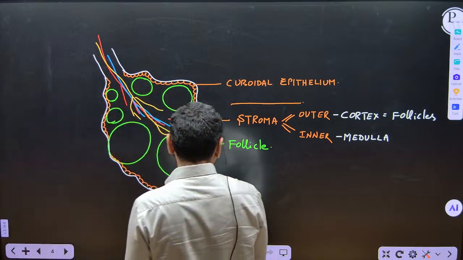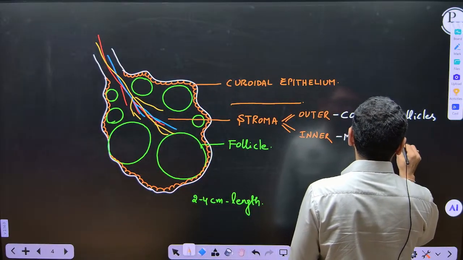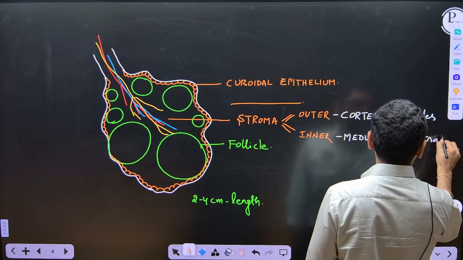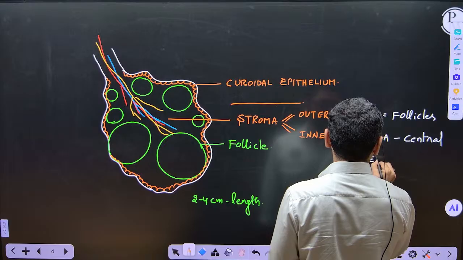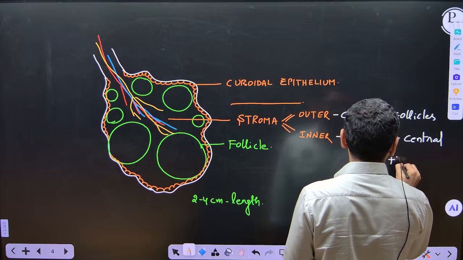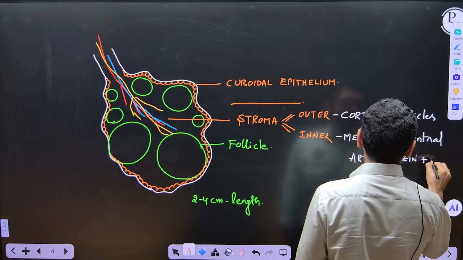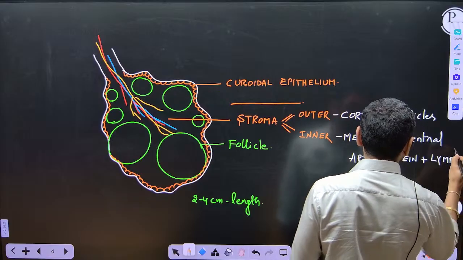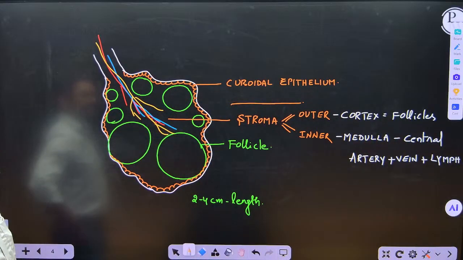So the medulla is the central or inner portion. It contains artery, vein, lymph vessels, and nerves. All these are present in the medulla.